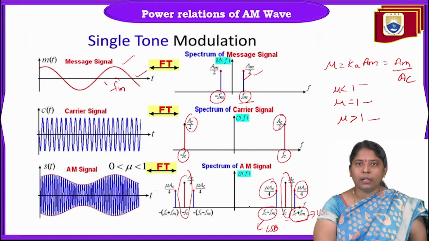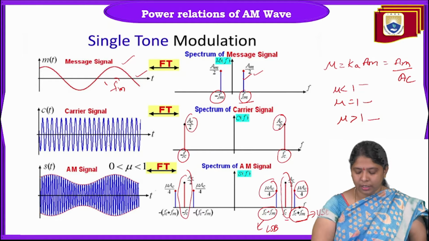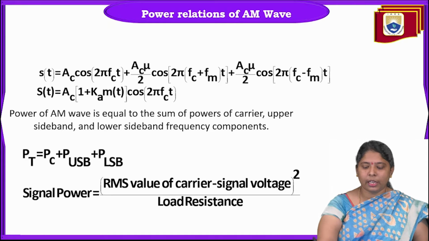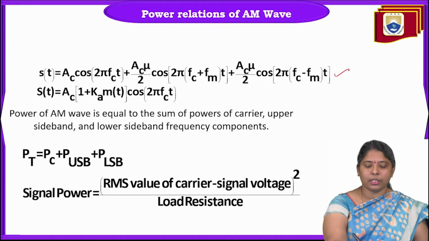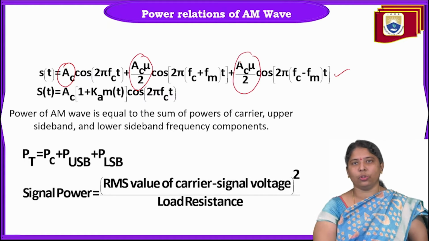When we want to calculate the power required for AM wave, in time domain it consists of 3 terms: carrier term, upper sideband term, and lower sideband term. Let us see the power relations in AM wave. So this is the equation of AM wave. This is the carrier amplitude, this is the upper sideband amplitude, and this is the lower sideband amplitude.